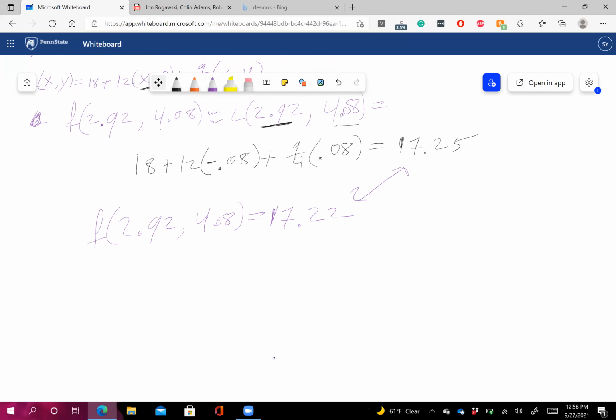Anyway, we see that these are pretty close approximations.